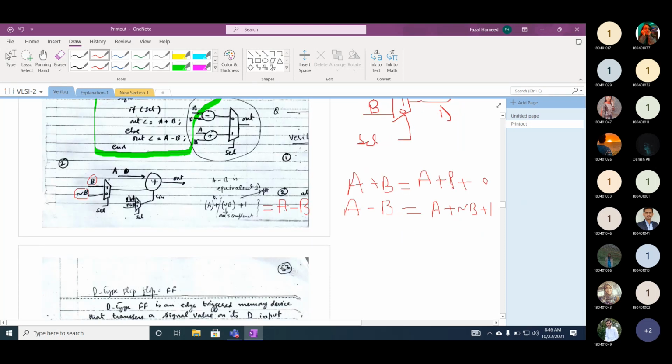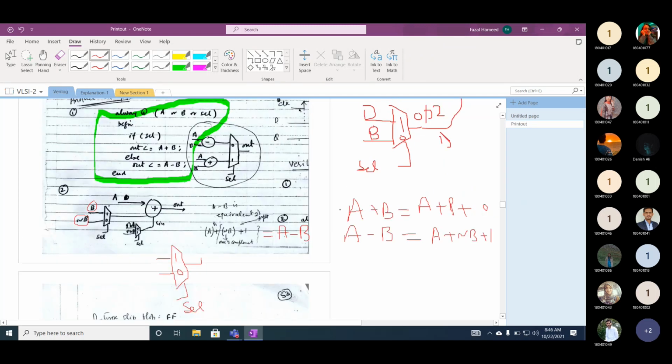Now, for sel, we need another multiplexer here, and this multiplexer will be driven by the select line, if sel is equal to 1 or 0.